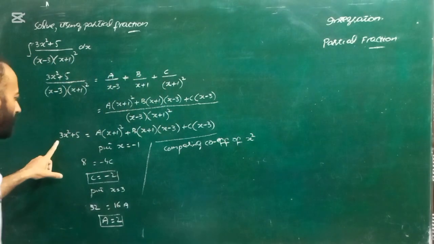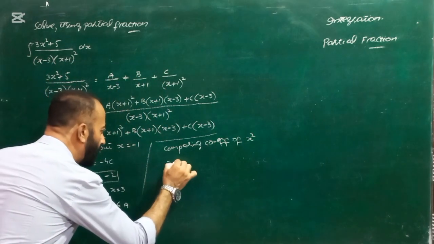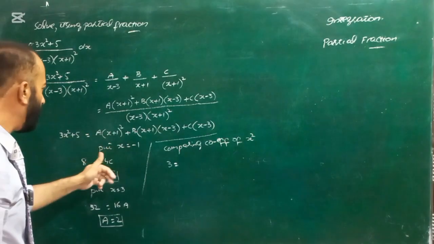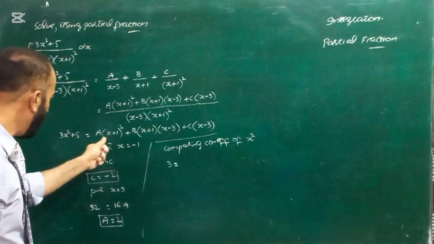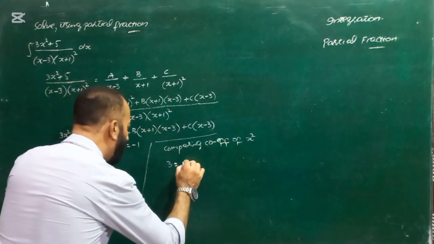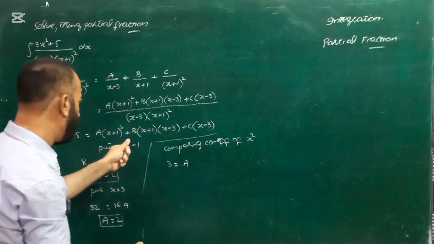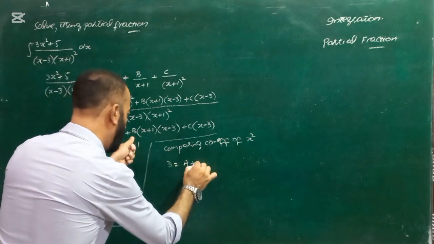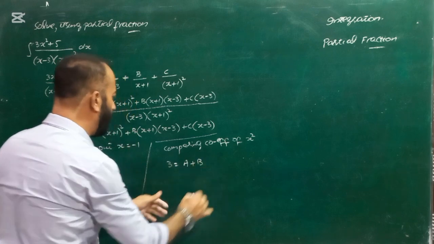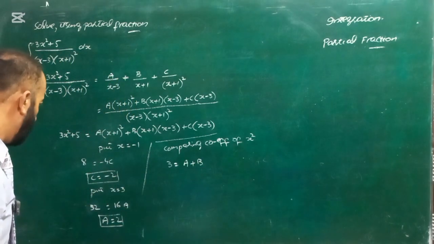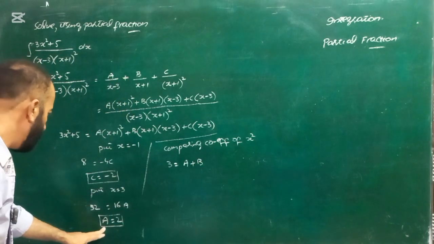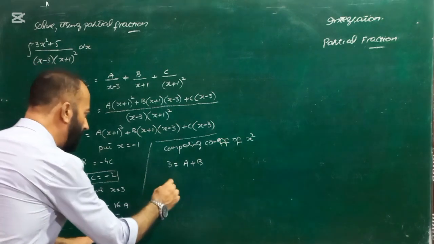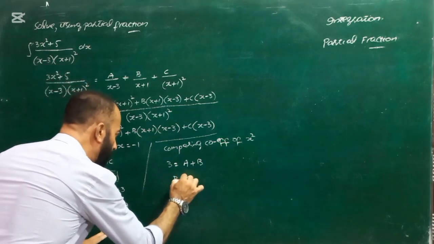On the left hand side, the coefficient of x square is 3, and on the right hand side you can see A plus B will be the coefficient of x square. So A's value is there, that is 2. 2 will come here, so B will be equal to 1.